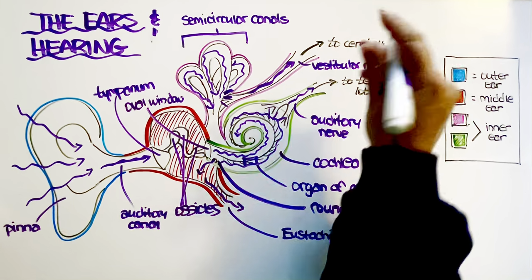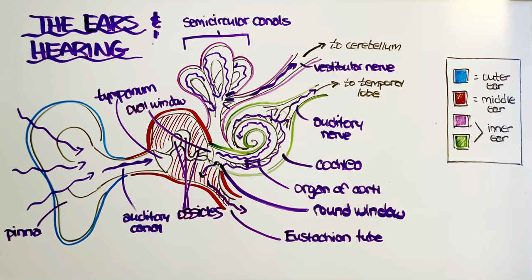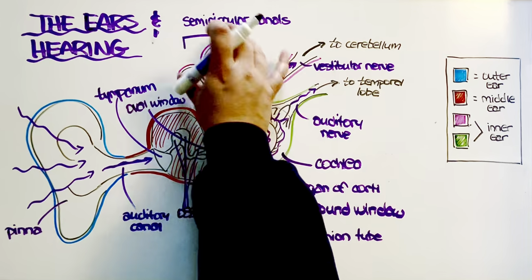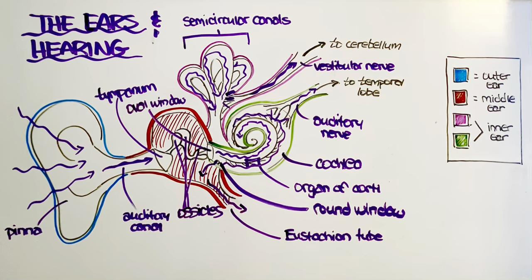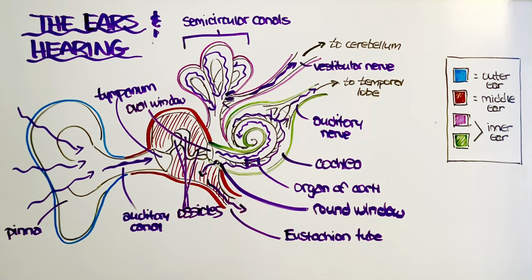Now, that nerve can go to several different locations in the brain, one of which includes the cerebellum. And so actually the purpose of the semicircular canals is to help maintain our dynamic equilibrium or our balance. They're the reason why you can move around and not fall over most of the time.